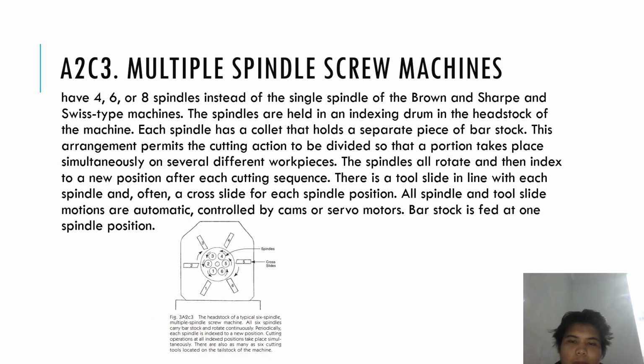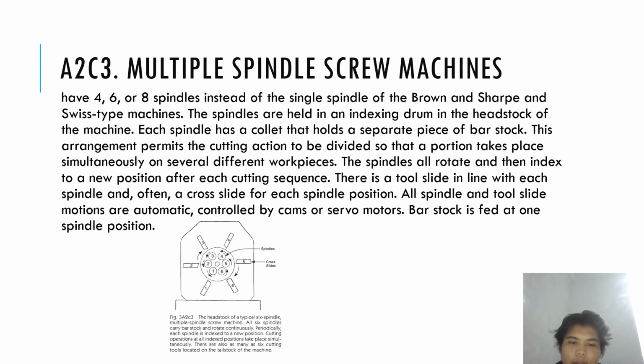Multiple spindle screw machines. It has 4, 6 or 8 spindles instead of a single spindle. You have the Brown and Sharpe and Swiss type machines. The spindle is held in an indexing drum in the headstock of the machine. Each spindle has a collet that holds a separate piece of bar stock.